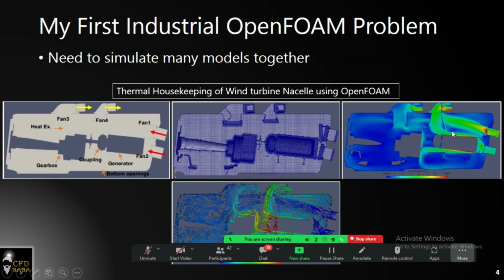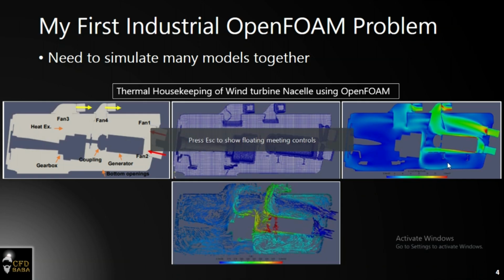As you can see in this velocity contour plot, the air is now moving into the duct, and here in the temperature plot we can see cold air coming in from the backside, taking the heat from the generator and fluid coupling, successfully going out through the duct. Earlier it was not happening because the duct was very small and the fan was very slow. So this is how I solved my first OpenFOAM problem after lots and lots of struggle.